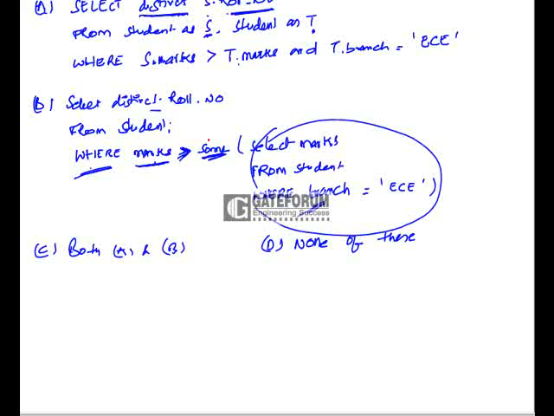So we can say both options A and B retrieve our required information. So here the correct option is option C, which states that both options A and B retrieve the roll numbers of students who have scored more marks than at least one student of ECE branch.